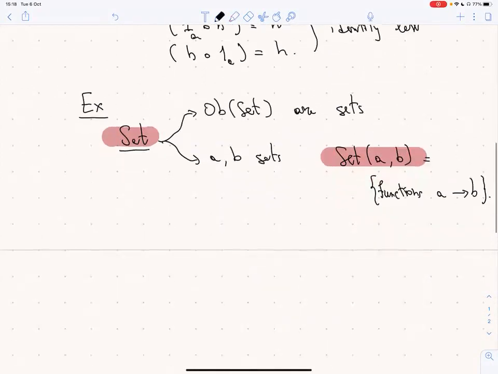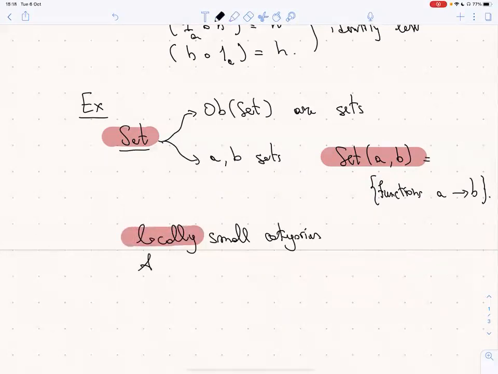These are called locally small categories. And this word locally refers to the Hom sets. And so small means that it is a set, okay?